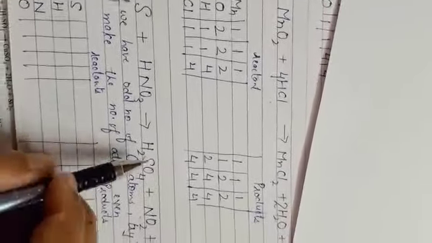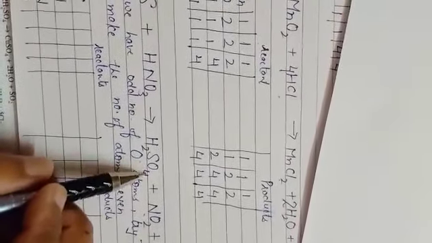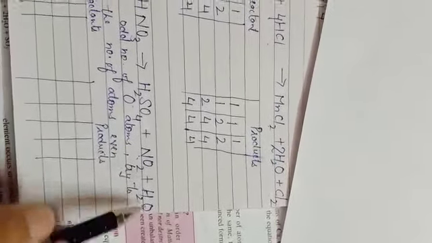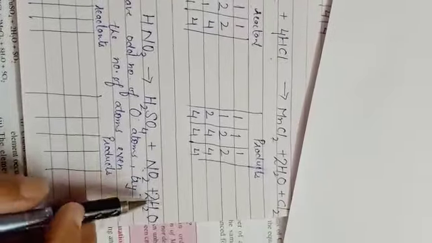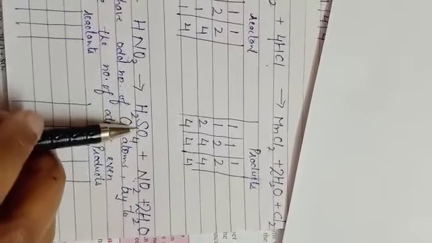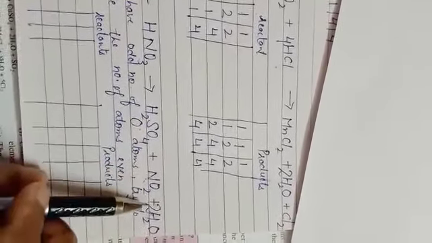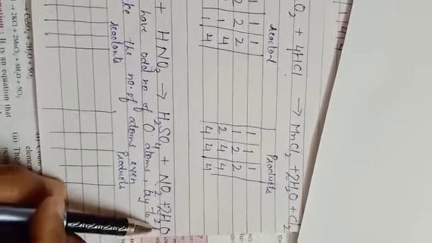How? So this side 4 plus 2 6. To make it even, we can multiply this side oxygen by 2. So here the number of oxygen becomes 4 plus 2 6 plus 2 8.